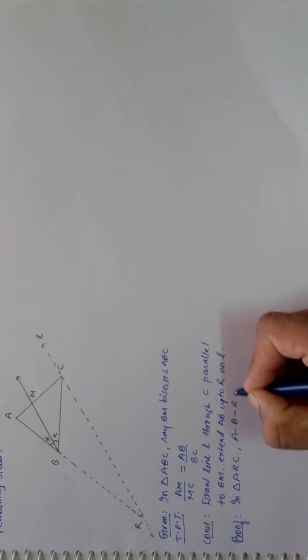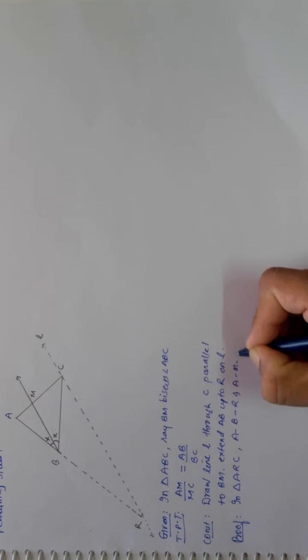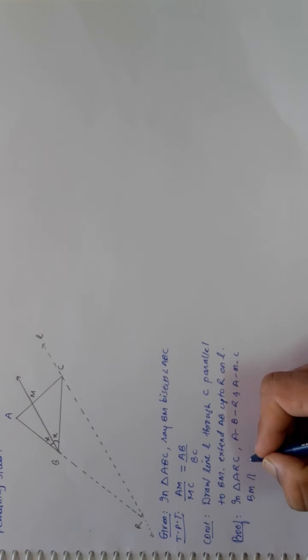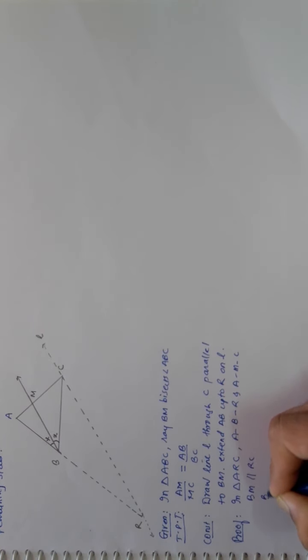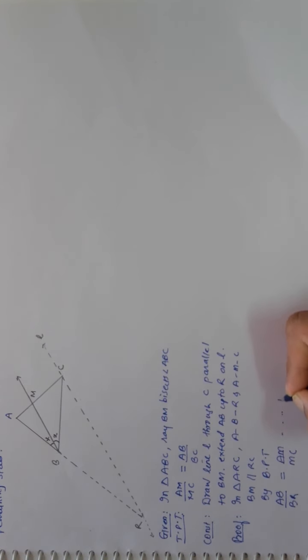So here it is A, B, R and A, M, C. Also your BM is parallel to RC. So by the basic proportionality theorem, you have AB is to BR is equal to AM is to MC. Agreed?